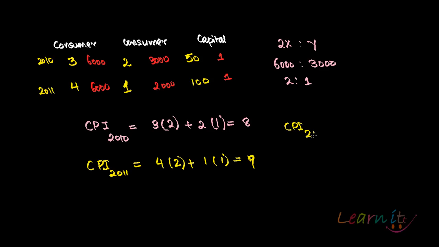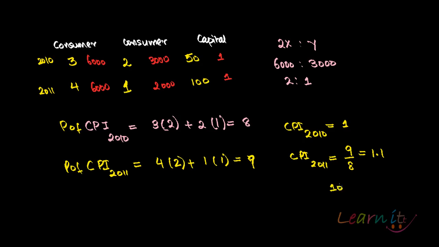So CPI for 2010 would be 1 because 2010 is assumed to be the base year, and consumer price index for the base year would be 1, while consumer price index for 2011 would be price of CPI basket in 2011, which is 9, upon price of CPI basket in year 2010, which is 8, which will come out to be 1.11 something.